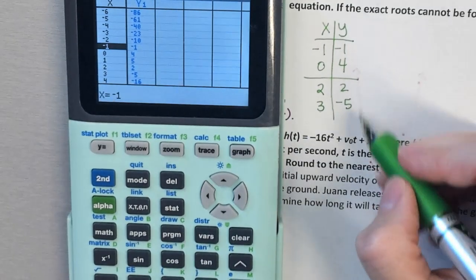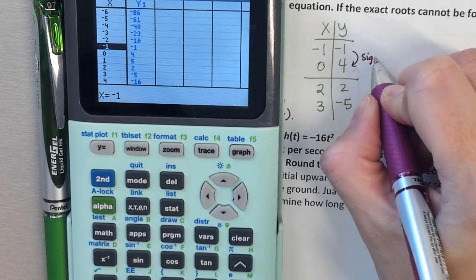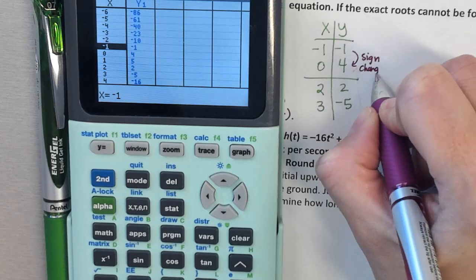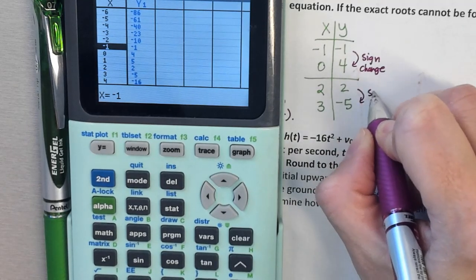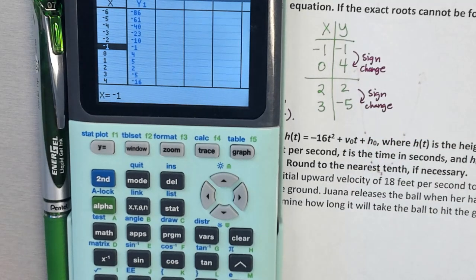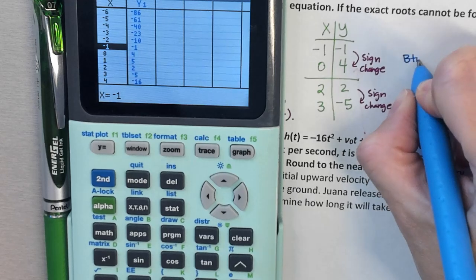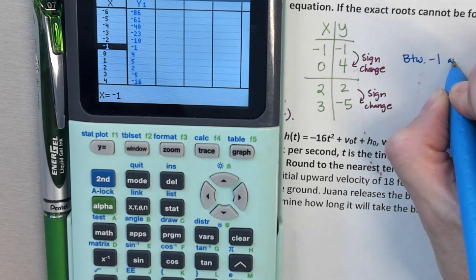Okay, so once you find the sign change, remember that tells you the values that it's going to be between. So here we have this is between -1 and 0.